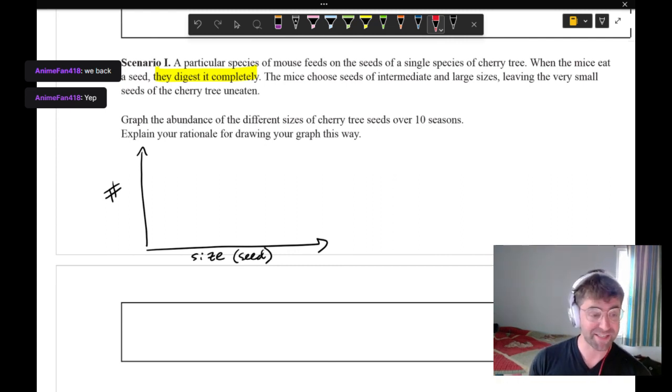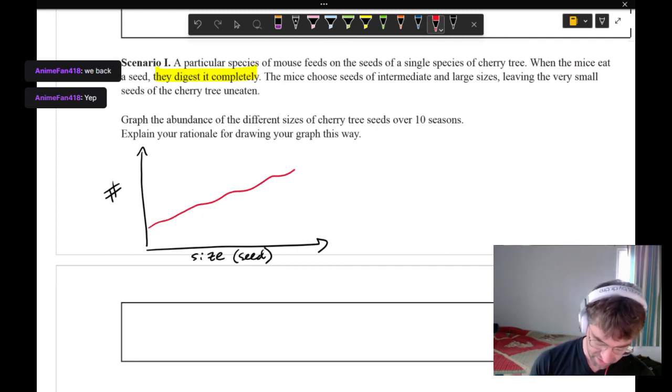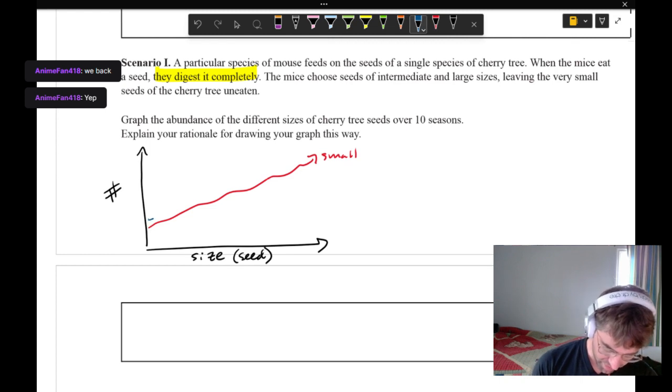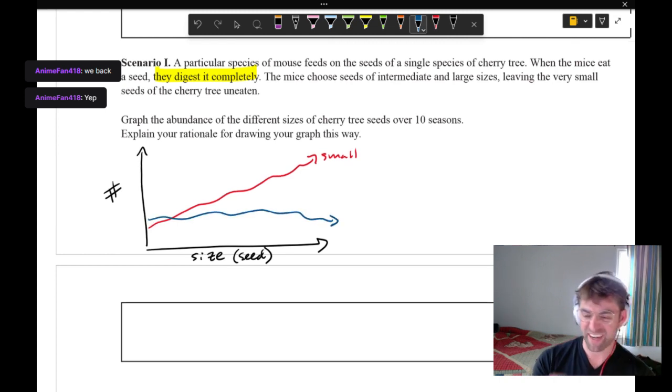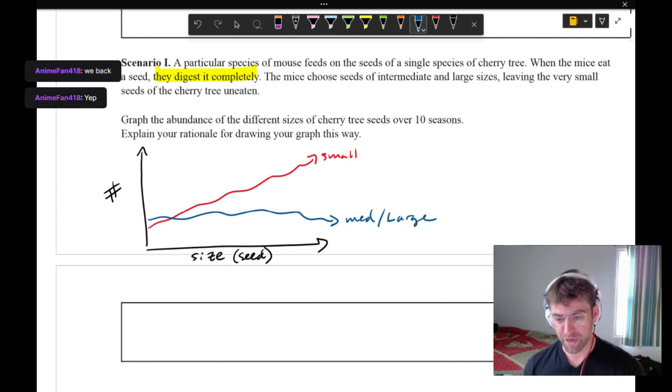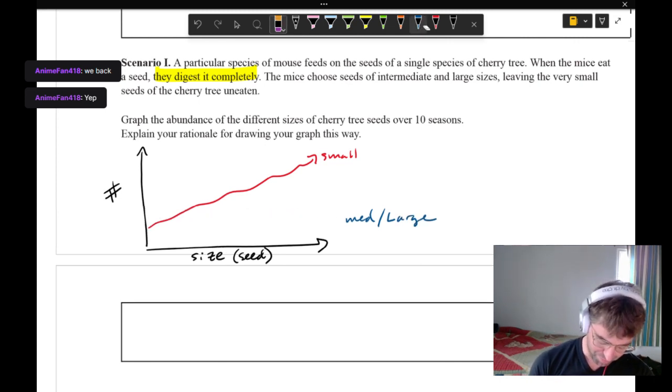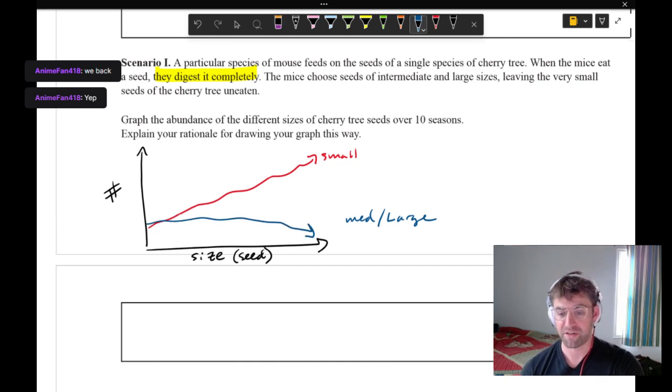If seed size is a heritable trait, then we should see over many seasons more small trees, or small seeds rather, in the trees. And we're assuming we started with kind of the same amount. We should see a relative downward trend, maybe I could make that a little clearer of a downward trend, of the medium and large size seeds.